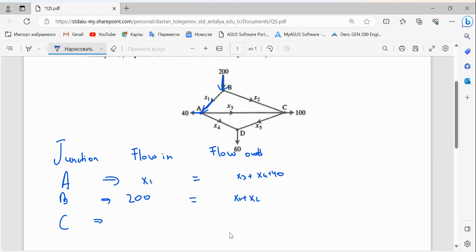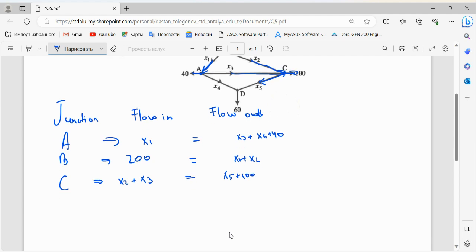It's x2 and x3: x2 plus x3 equals 100 flow out, and flow out x5. And D, we see that x4 plus x5 equals 60.